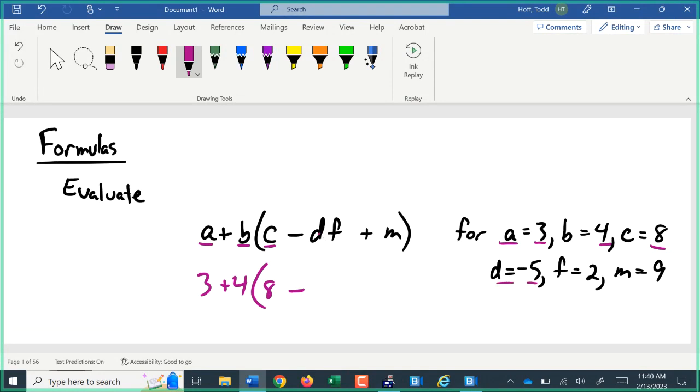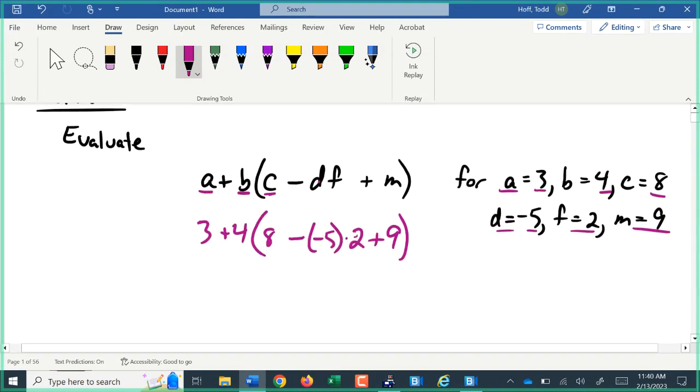Now that's a negative 5. To put that in, we're going to put it in parentheses so we know that it's minus a negative 5. So we isolate it, we know that that's negative. We don't lose track of that negative on the 5. Times f, we're going to put in the 2 there for f. And then plus m is going to be 9.